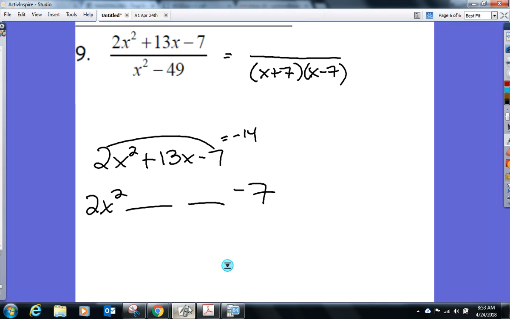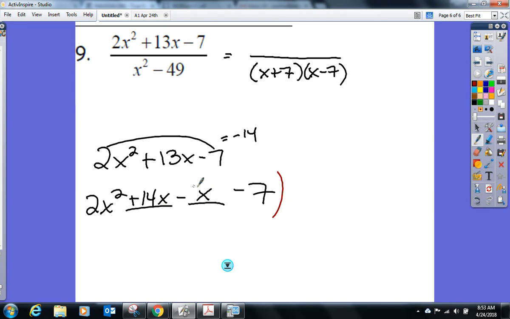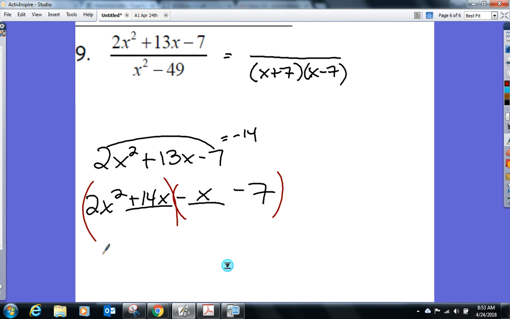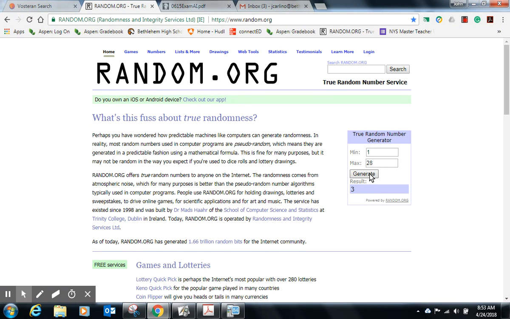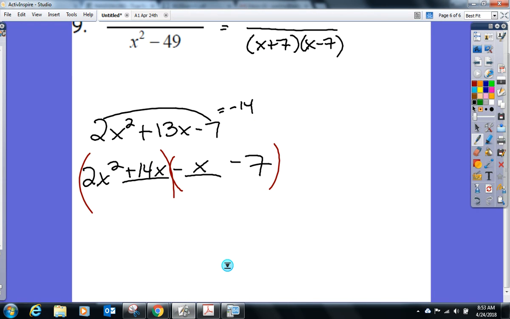Multiply to -14 but add to 13 so I can factor this. Here we go. 3. What do you got for me? 14 and 1. What do you got for signs? Plus 14x minus 1x. Got it. Group them. What do you want to take out of the first grouping?